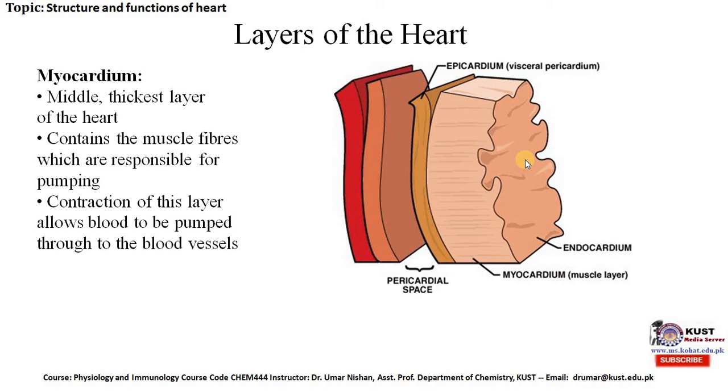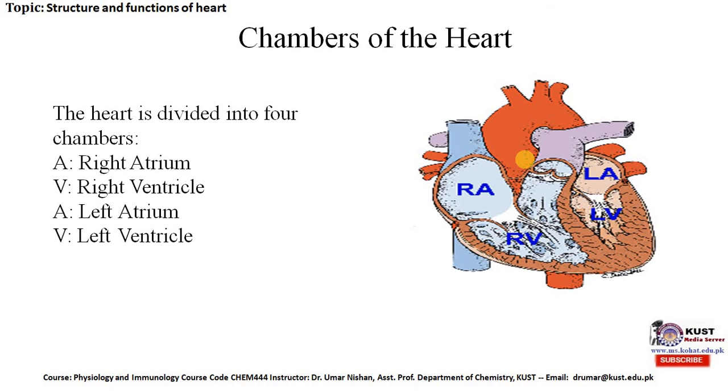So this was about the layers of the heart. Now we talk about the chambers of the heart. The heart is divided into 4 chambers. One is called right atrium. It is located here, RA, right atrium. The other one is right ventricle.